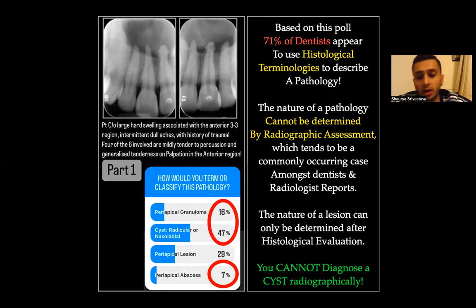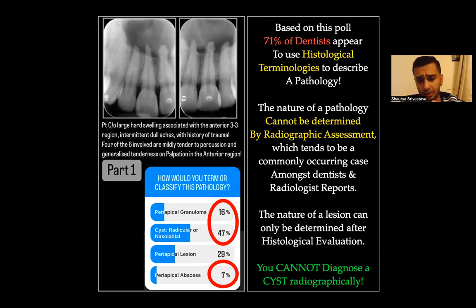So why is it relevant to CBCTs? Because no matter whether you take a 2D radiograph or a 3D scan, you cannot diagnose a cyst based on radiology. I know we've been taught in university, textbooks might talk about corticated margins, etc., and that probably assists.